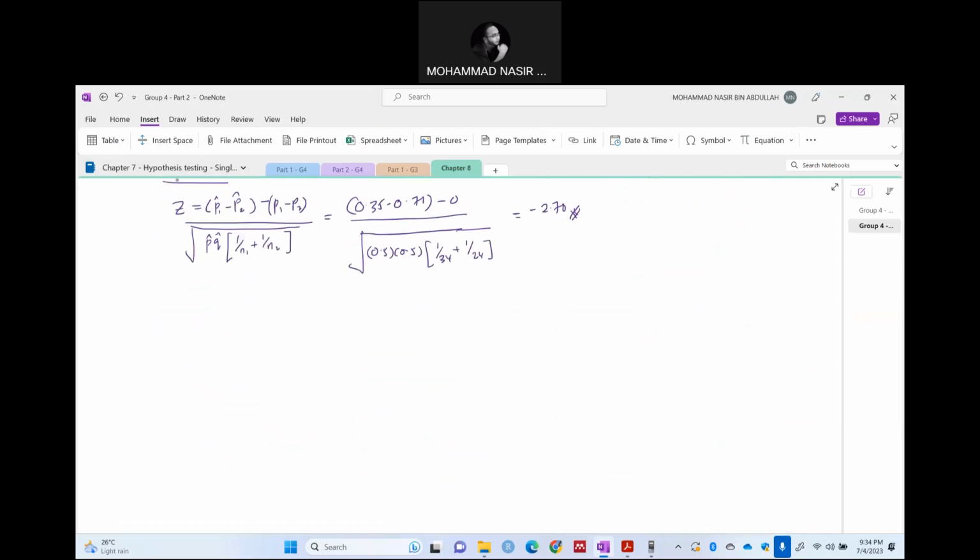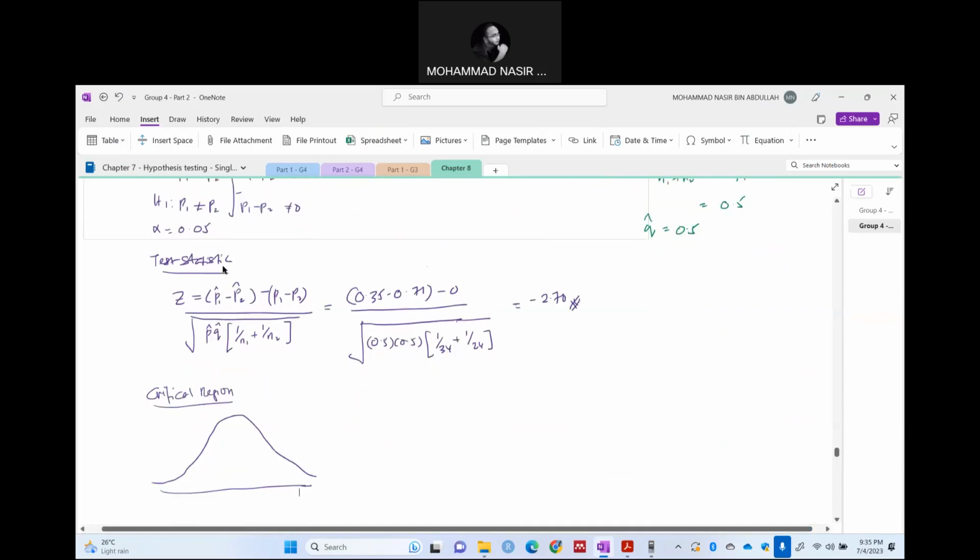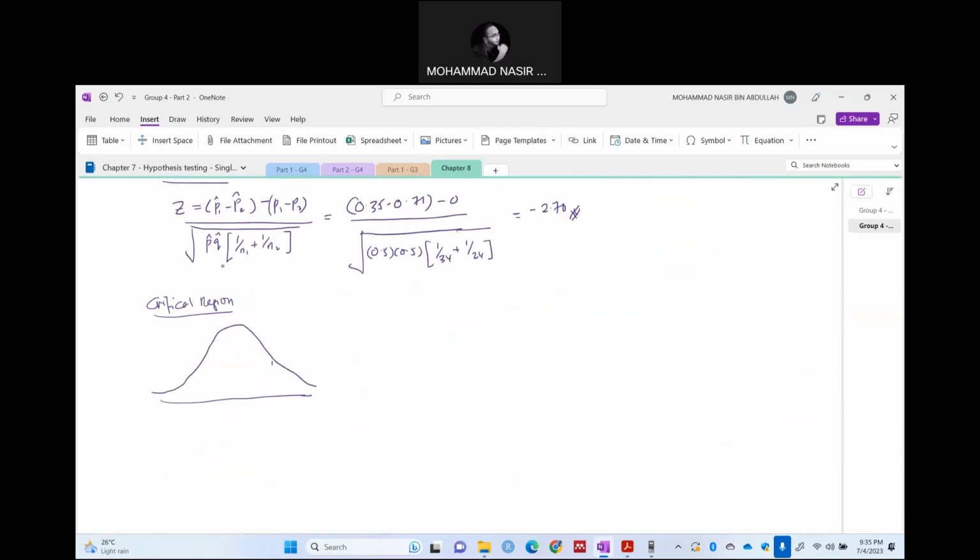So next, we need to find the critical region. Based on the alternative hypothesis, this test is a two-tailed test because the alternative hypothesis is p1 not equal to p2. So we are going to have two rejection areas on the left hand side and right hand side.